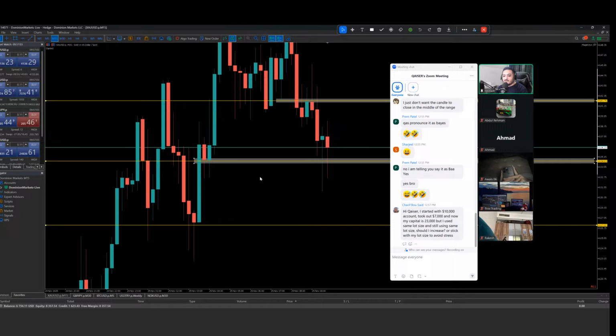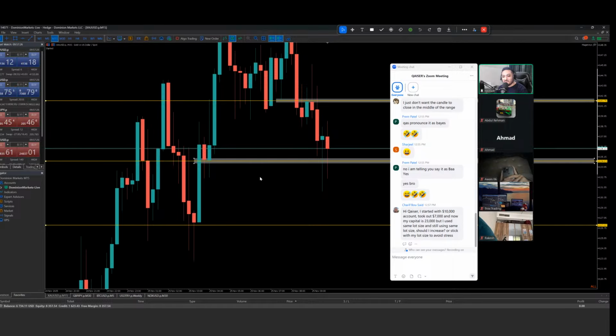I started with a $10,000 account, took out 7,000, and now my capital is 23,000. Wow, what is this calculation? Started with 10,000, took out 7,000, so now it's 3,000. And now my capital is 23,000. You should correct your math.